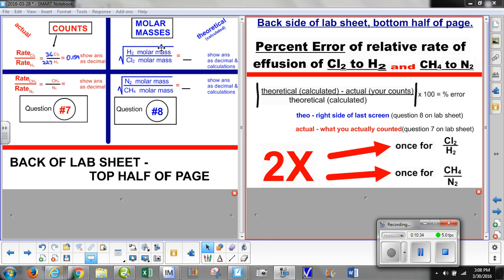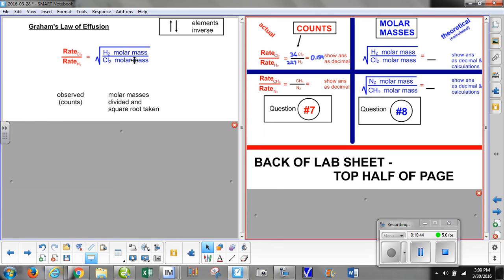Question number 8 is derived from getting the number that we get from the right side using the molar masses of this one. You see, this is the right side, left side. In this screen, I've separated them. This is the left side, right side. But they're the same thing.